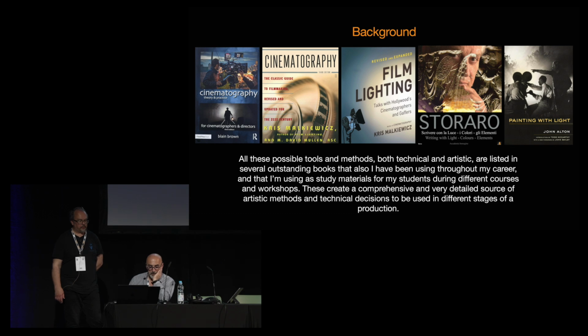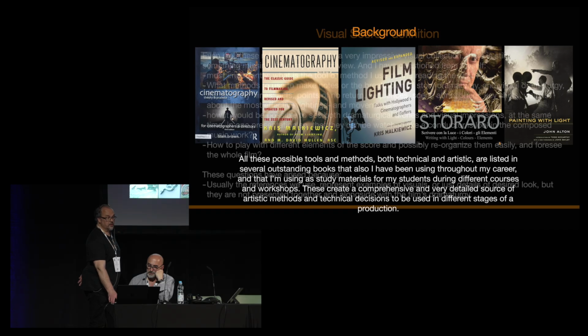All these possible tools and methods, both technical and artistic, are listed in several outstanding books that I have been using throughout my career, and that I use as study materials for my students during different courses and workshops. All these create a comprehensive and very detailed source of artistic methods and technical decisions to be used in different stages of production, as we know.